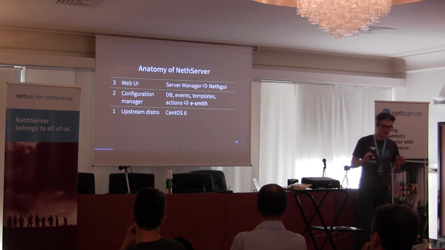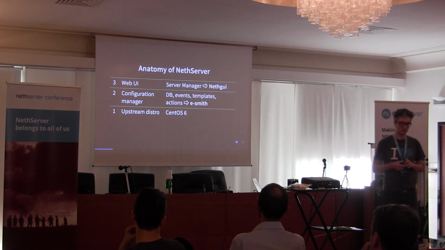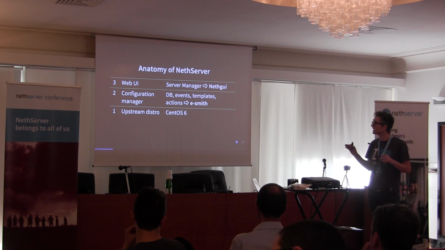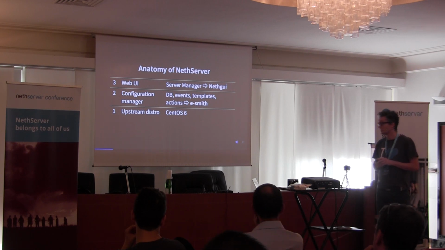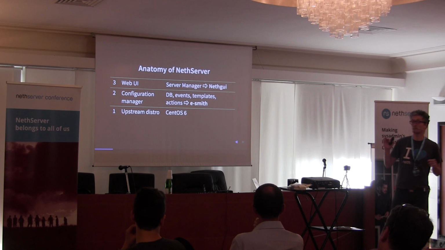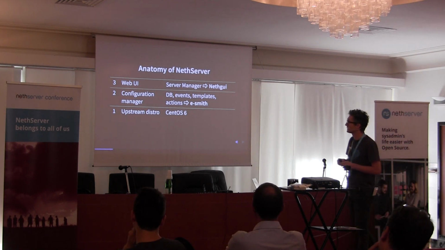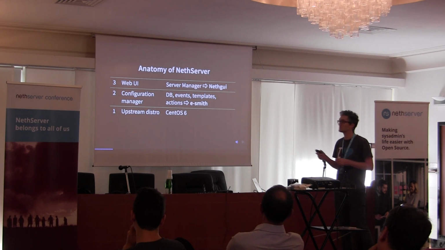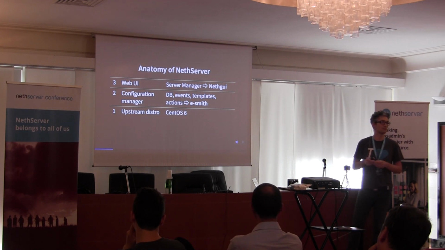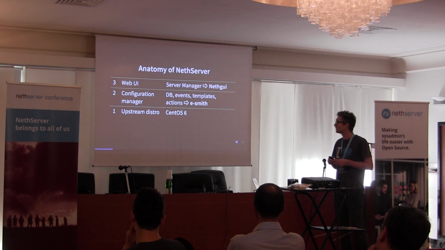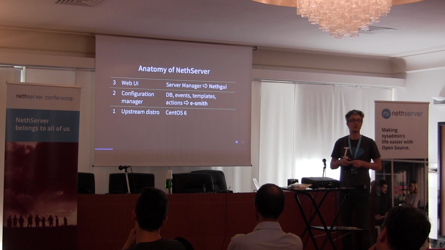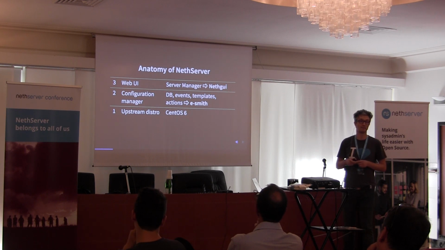Let's see in detail what is the anatomy of the system. We can see three layers. The first is constituted by what we call the upstream distro, that is CentOS. And on top of it, we have a configuration management layer.